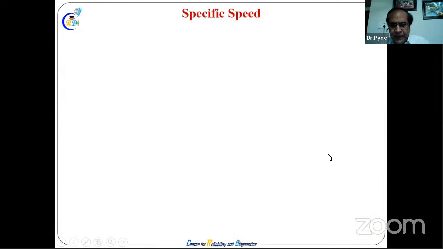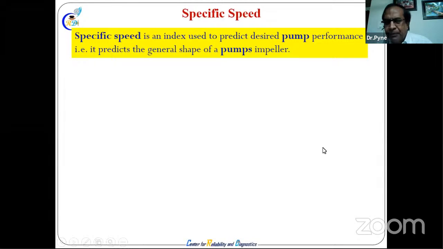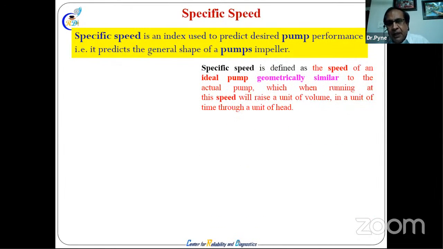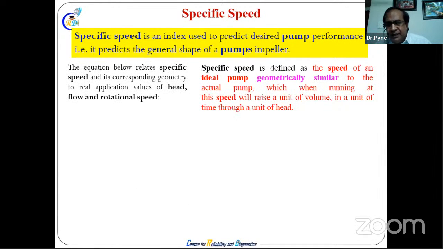So specific speed is another concept of the pump, by which once you purchase a pump, you directly take the specification. Depending on the flow requirement, you can get different types of pump, so you need to go for detailed analysis. Once you get a specific speed, you can get the pump from the manufacturer accordingly.